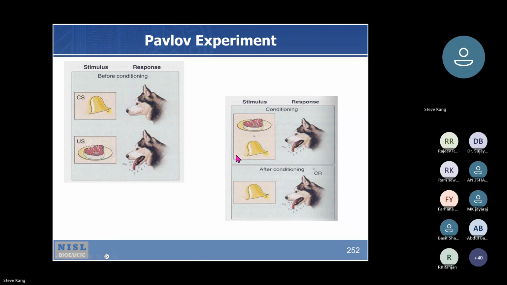After conditioning, trained with a bell and the beef, it will keep on salivating, right? Then you remove the food and look at just the bell, and it will salivate because it's conditioned, trained. Somehow it's associating this bell with the food. So it's associative memory. That is the Pavlov experiment.